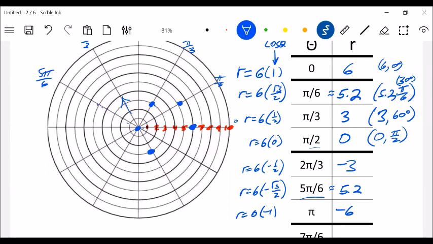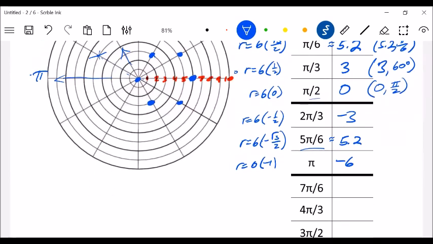I'd be going to about here, except I can't. I have to go the other way. 1, 2, 3, 4, 5.2 is going to be just a little past it. And then pi is this way. So I could go out towards it 6, except that it's a negative 6. So it goes the other way, which, oh, guess what? It's the same as 0 and 6 up at the beginning, same as that one up here.